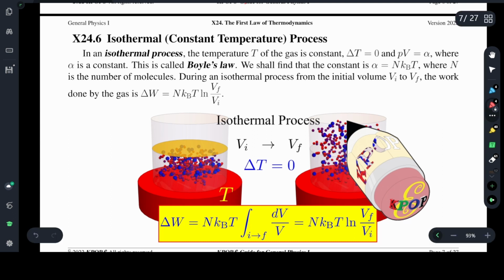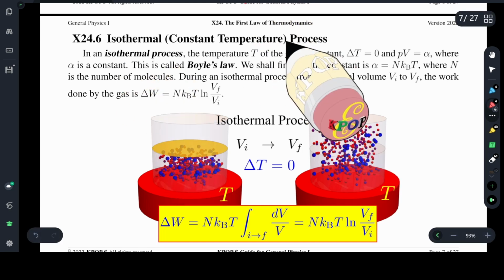If you spend energy by working against some external force, the gas loses its own energy. However, the isothermal process keeps the temperature the same. Its internal energy is the same.